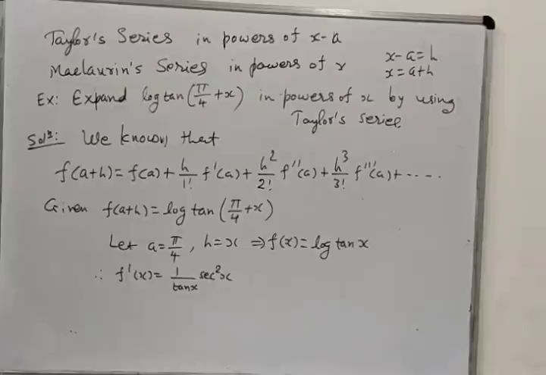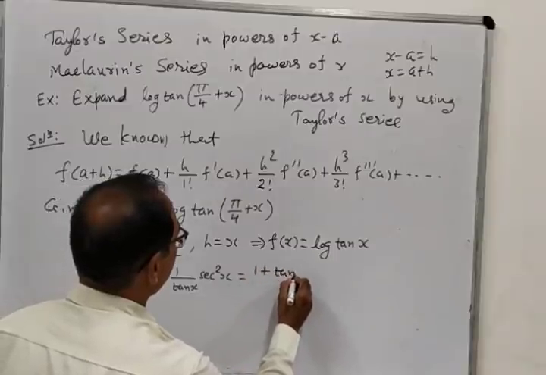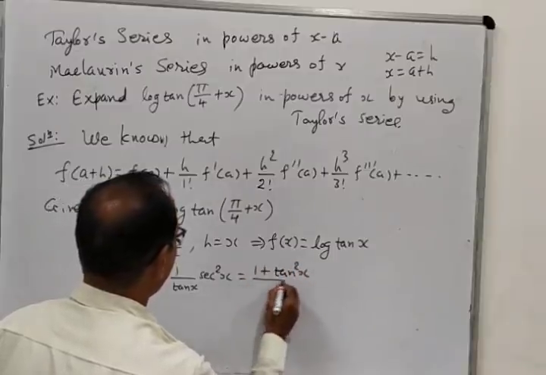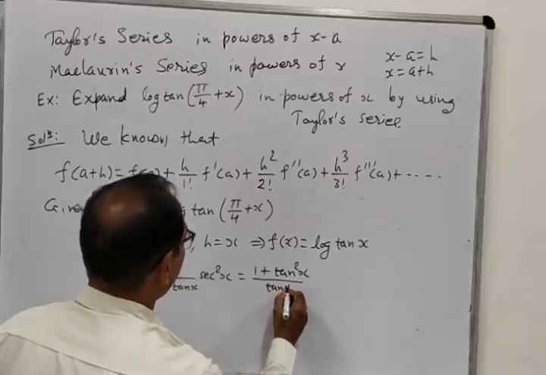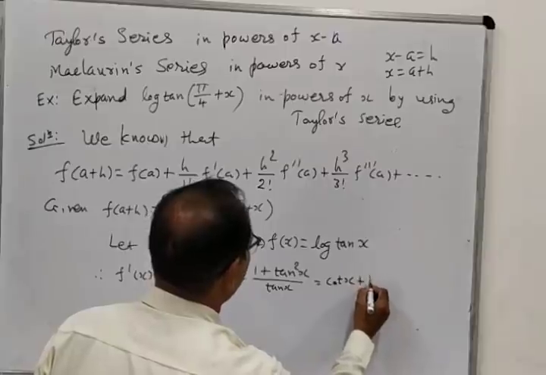You can see this is very easy. And we know that sec squared x is 1 plus tan squared x, divided by tan x. So 1 upon tan x is nothing but cot x plus tan x.